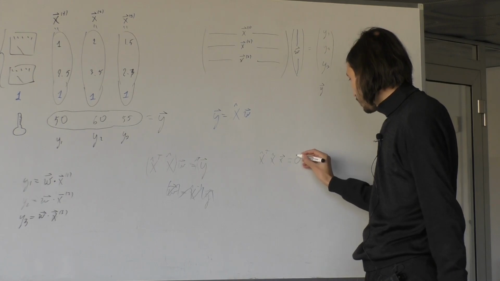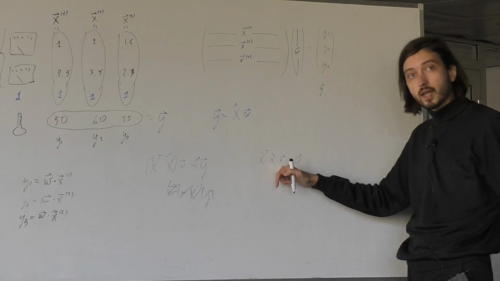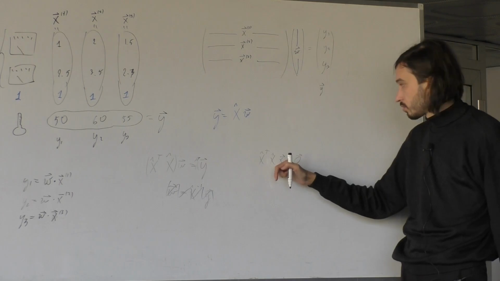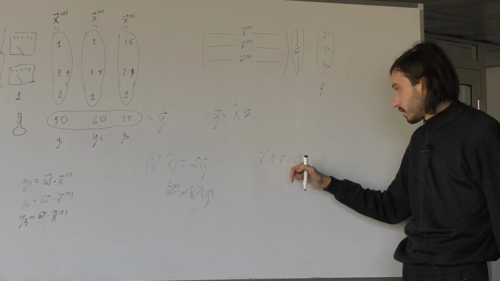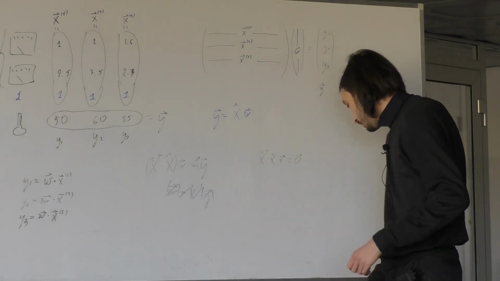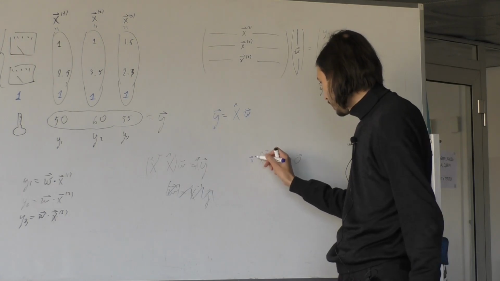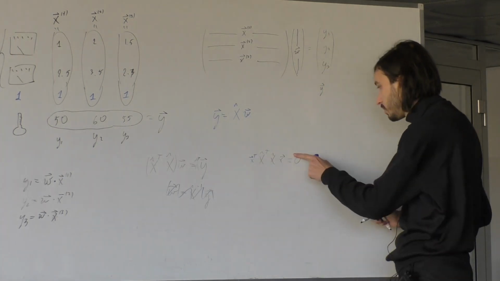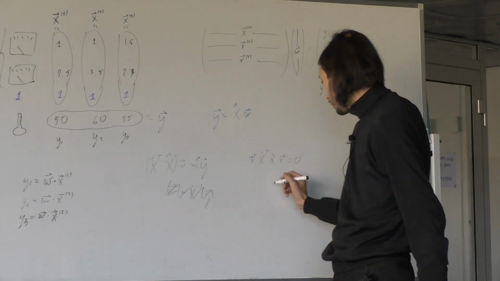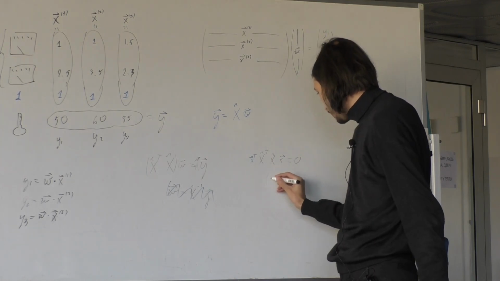So here are just a few lines. Here you have X transpose X, and if it had zero determinant, you should be able to find some x like this to get a zero vector. In this case, you can multiply that by the same x transposed.